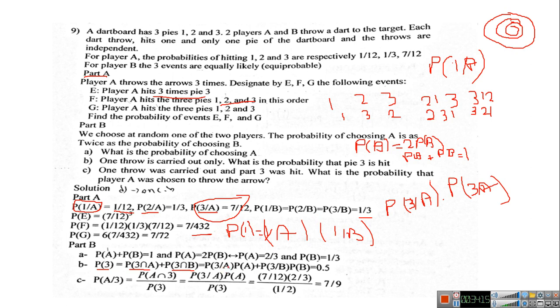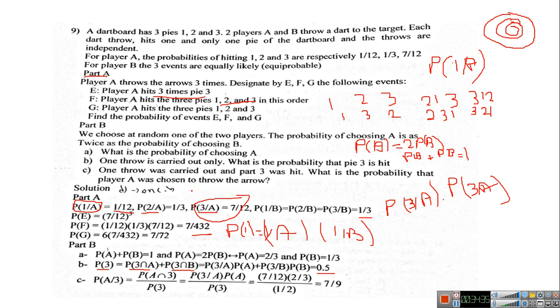So it's P of 3 knowing A times P of A plus P of 3 knowing B times P of B. P of 3 knowing A, we have it, it's already given. P of A is 2/3. P of 3 knowing B is equiprobable, 1/3, times P of B, which is 1/3.